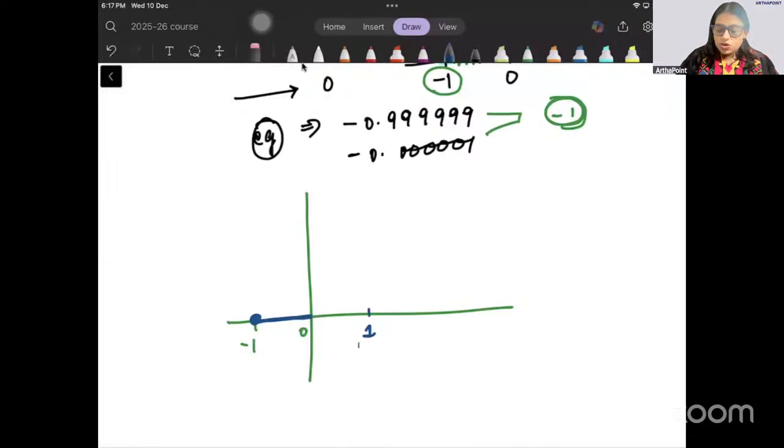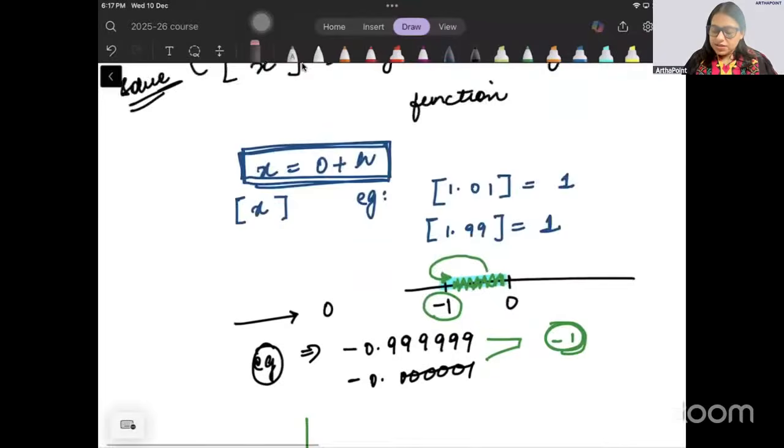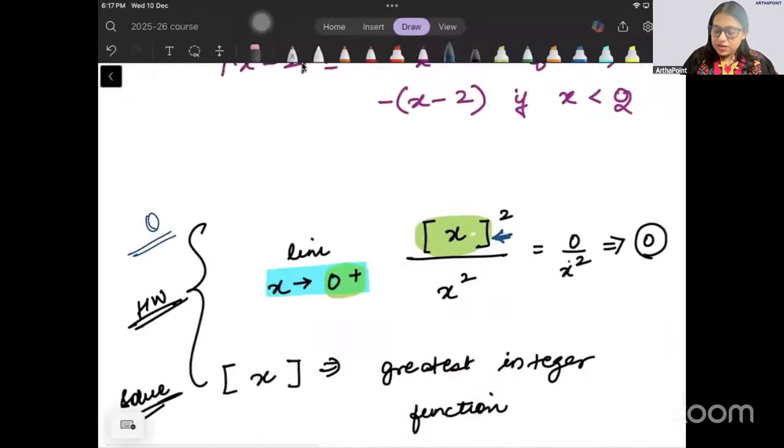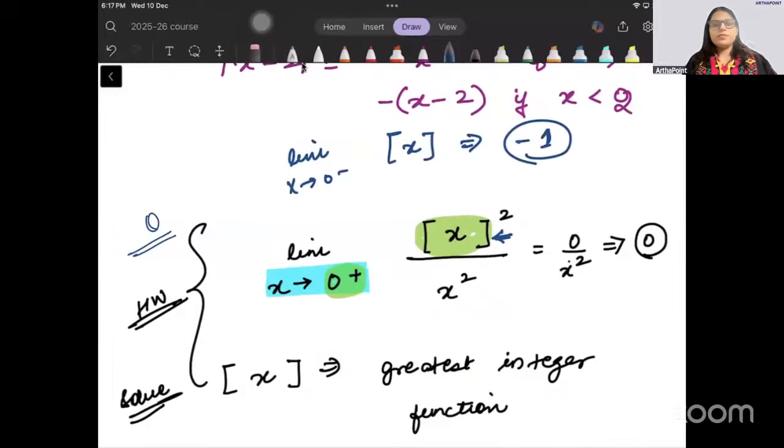So because you're taking one integer back, when it would have been limit x tends to 0 minus, this is actually -1. So just keep this in mind as to how the function reacts.